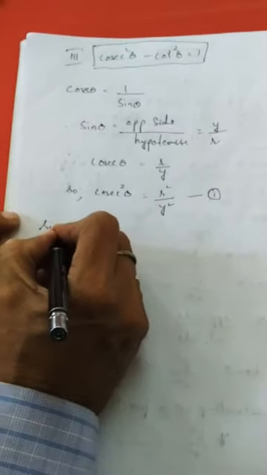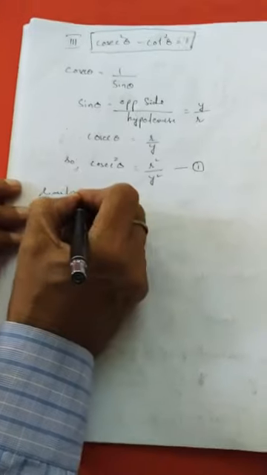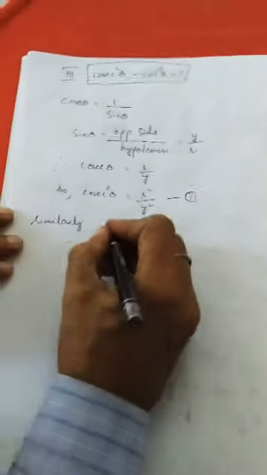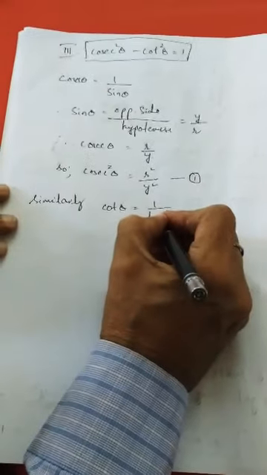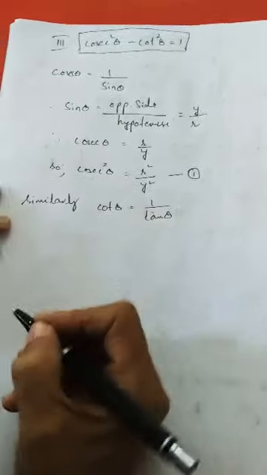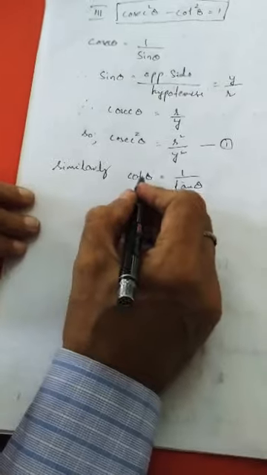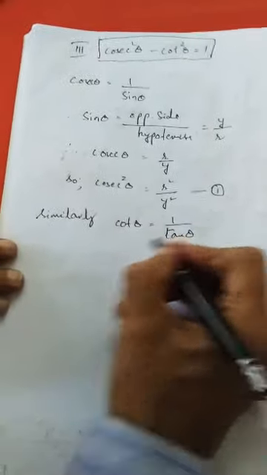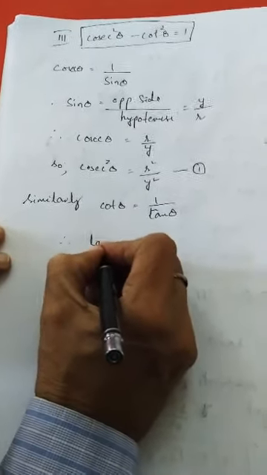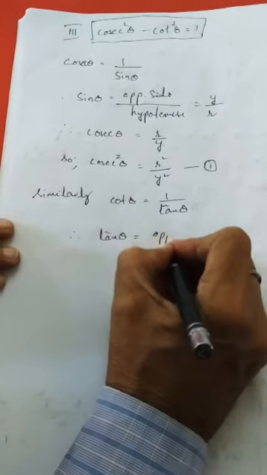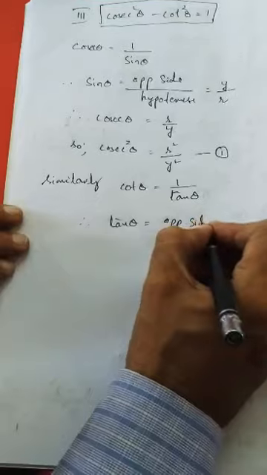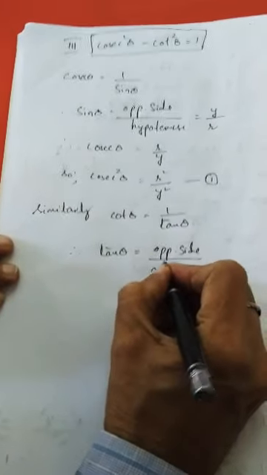Similarly, cot theta is the reciprocal of tan theta. We already learned in a previous video that cot theta is the reciprocal of tan theta. Therefore, we know that tan theta is equal to opposite side by adjacent side.